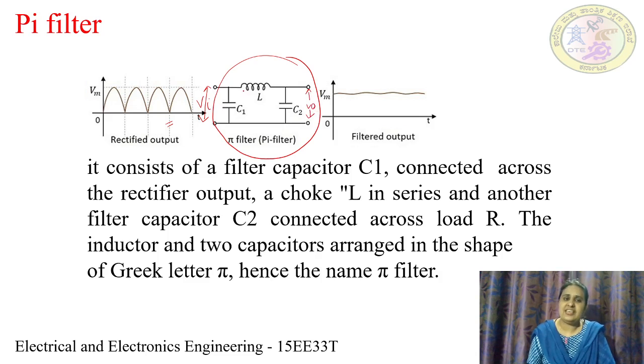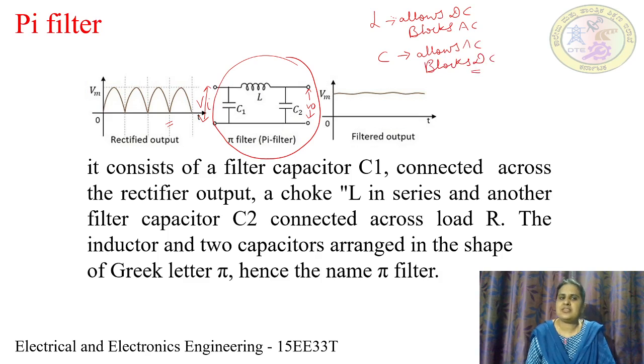So again we will recall: inductance allows DC, blocks AC. See, these are all things we have studied. Capacitance allows AC, blocks DC. You have to remember all this. At the starting of the class only I told you.